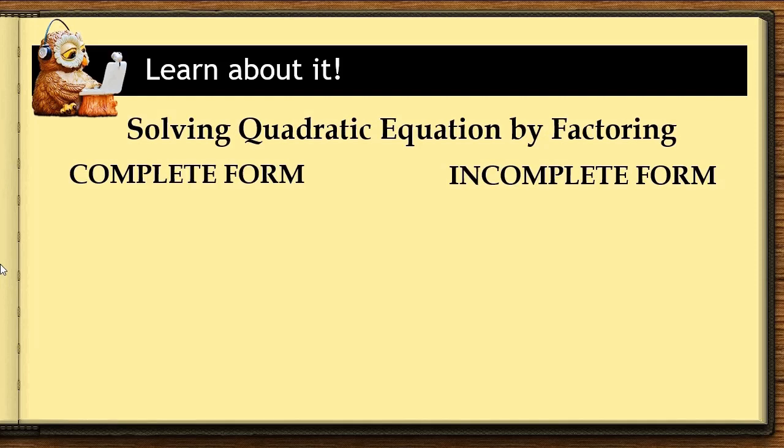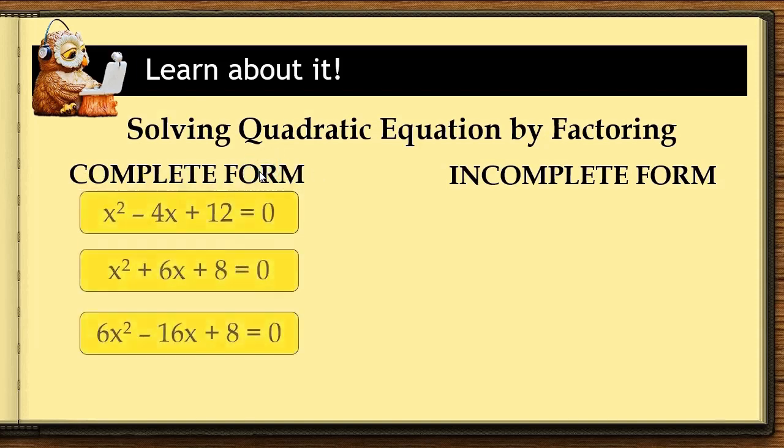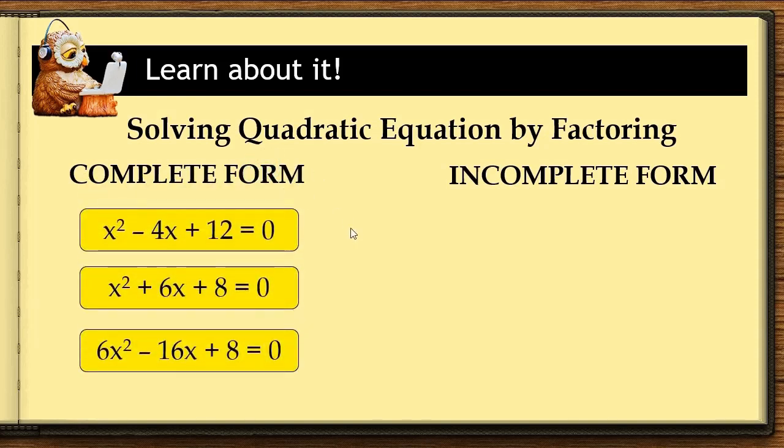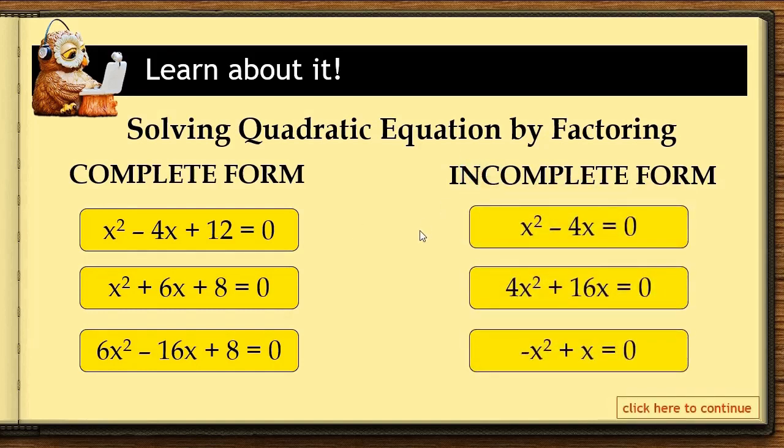But before that, let us learn the complete form and incomplete form of quadratic equations. If the value of a, b, and c of a quadratic equation is not 0, then this quadratic equation is in complete form. But if the constant term or the value of c is 0, then the quadratic equation is incomplete.